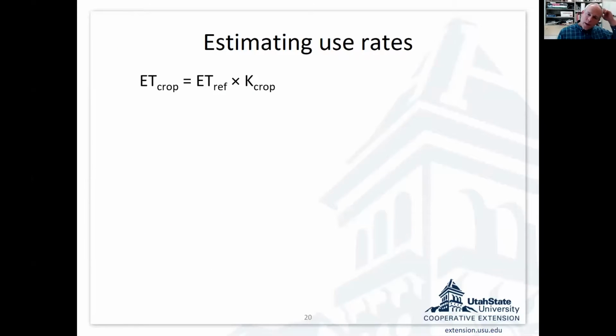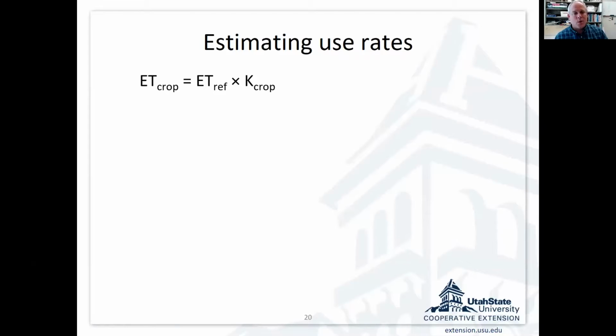The next topic I want to talk about is estimating water use rates. And this is what's called the Penman-Monteith equation. It's more complex than this, but the way it works is, if you want to know the ET, which stands for evapotranspiration, that's the water being used by the crop as well as the water evaporating from the soil surface.